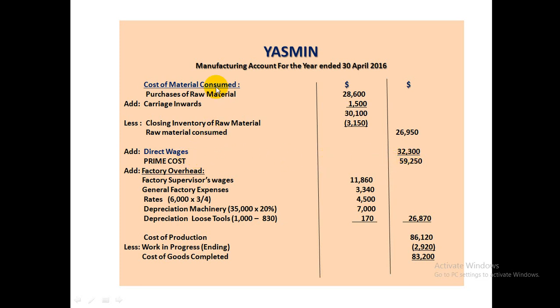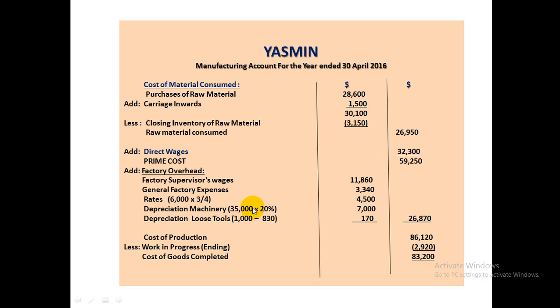For calculating manufacturing account, we have to add factory overheads total to this amount of prime cost. Let's make a list of factory overhead in the internal column. Factory supervisors' wages, which are known as indirect wages, will be taken here. General factory expenses, which are given to us in the question. Rates, as we had discussed earlier, will come here.